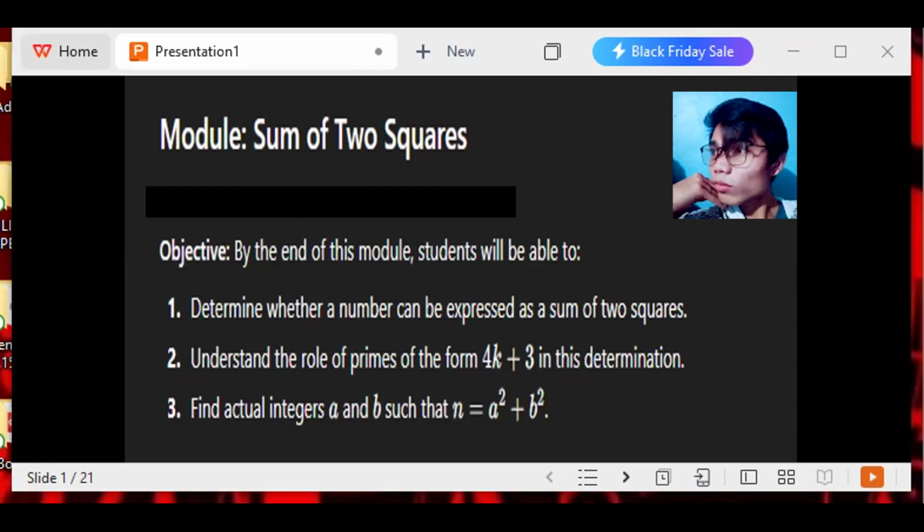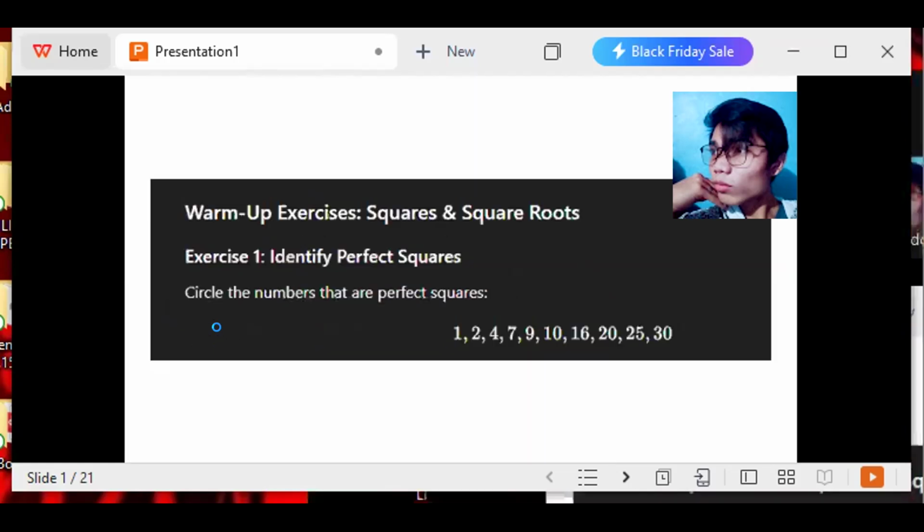And the third is find actual integers a and b such that n is equal to a squared plus b squared. But first, before we start our lesson, let's have our drills. Let's have our warm up exercises.